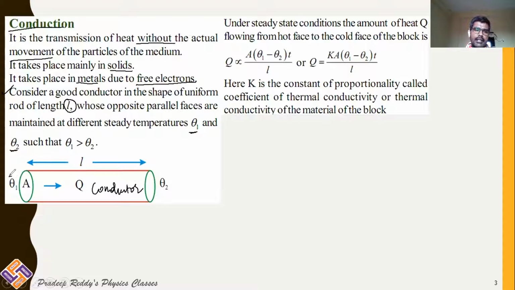Here is temperature theta 1, here is temperature theta 2. Considering that theta 1 is greater than theta 2, that means here it is hot and here it is cold. What actually happens here? As the rod is in contact with two different temperatures, heat transfer takes place from the hot region to the cold region.